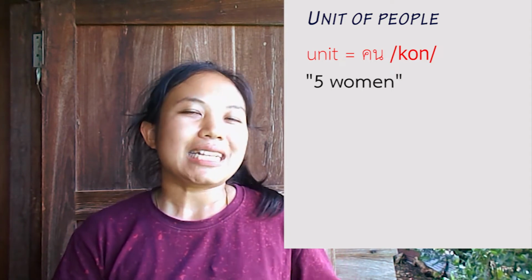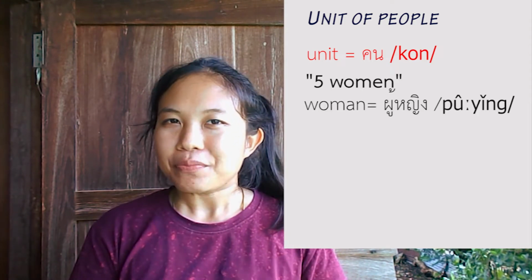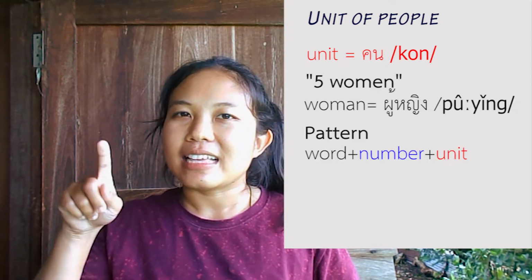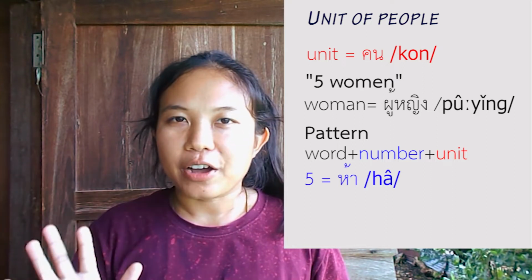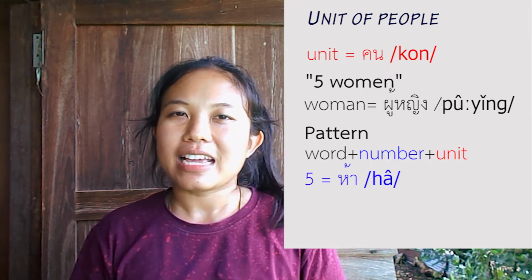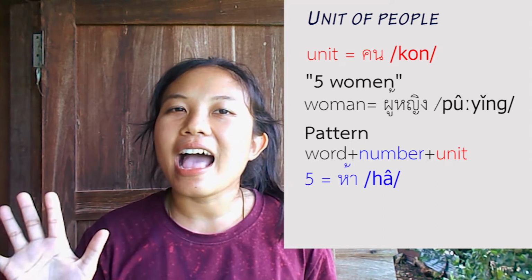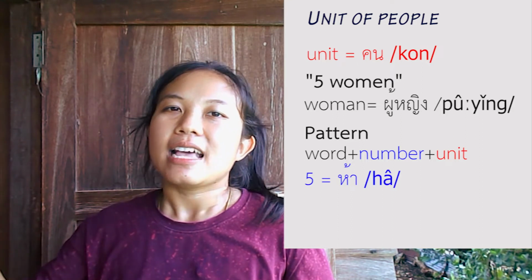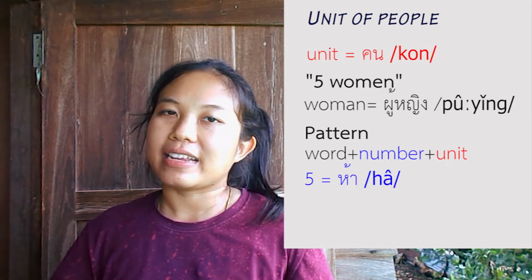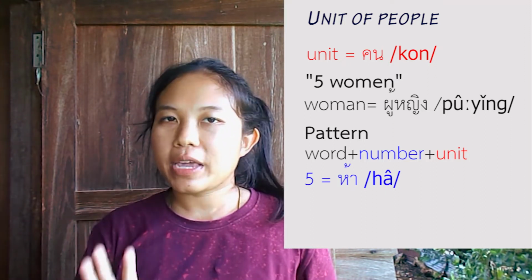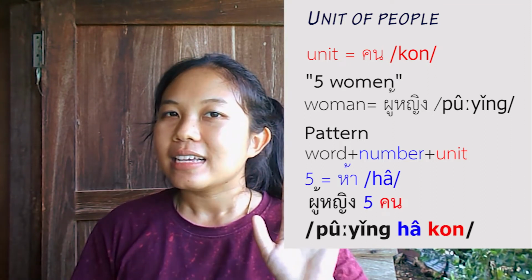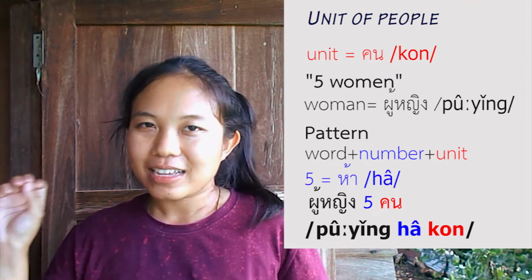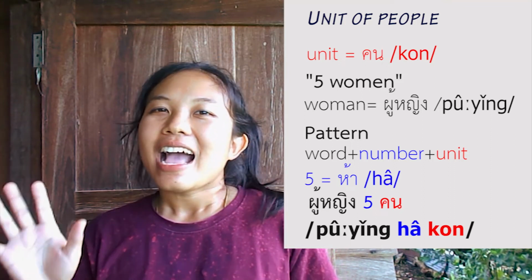And then women in Thai is ผู้หญิง, so you put the word ผู้หญิง at the first position, and then the next position is 5. 5 in Thai is 5, this is the position of the number, and then the next one is the unit. The unit we know already, that is kon. So 5 women: ผู้หญิง 5 คน.